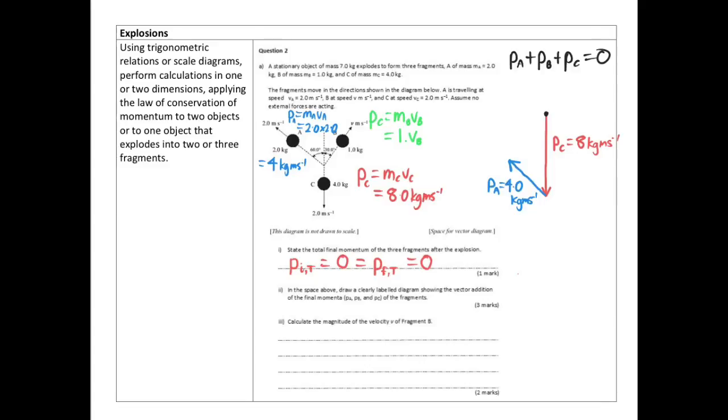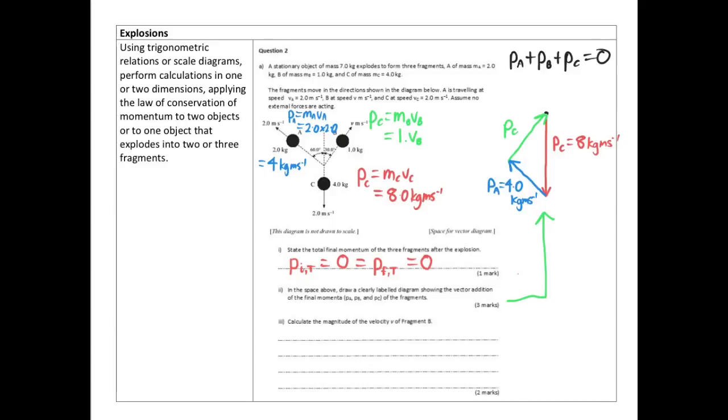So the momentum of B must be equal to that. So that's our labelled vector diagram showing the vector addition of the final momentum of the 3 fragments. Then in part 3 we need to solve this for the velocity of fragment B.